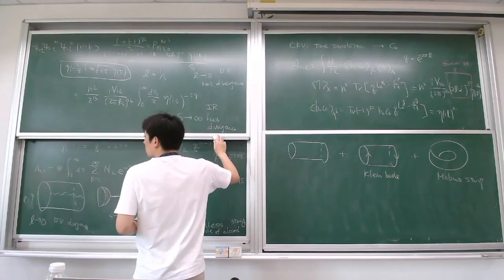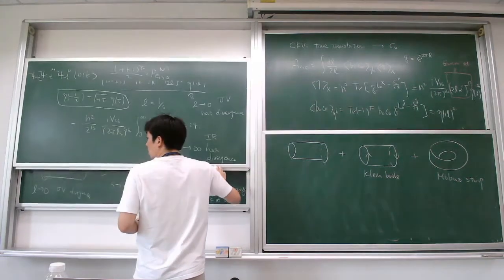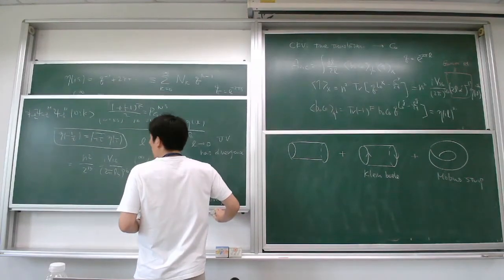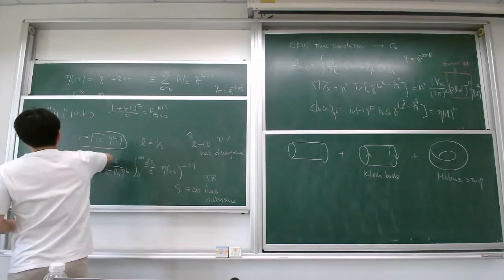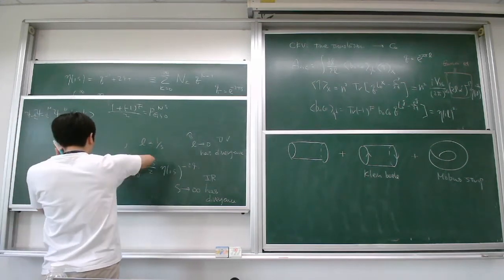I don't understand why the divergence for the open string is equivalent to the divergence for the closed string. I mean, this is a bit schematic.